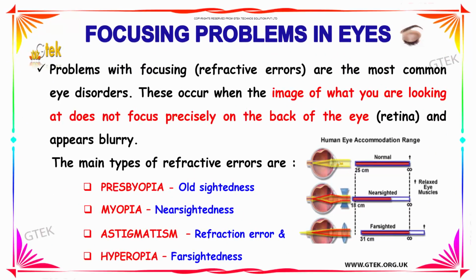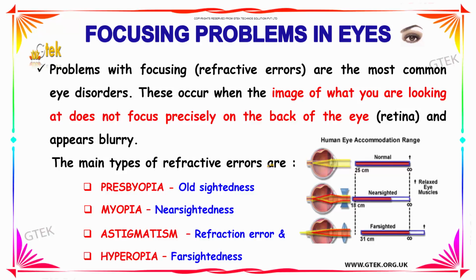Next, we are going to discuss the focusing problems that happen in eyes. The problems with focusing, that is your refractive errors, are the most common eye disorders. This occurs when the image of what you're looking at does not focus precisely onto the back of the eye, which is nothing but your retina.